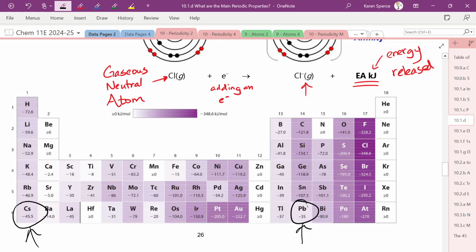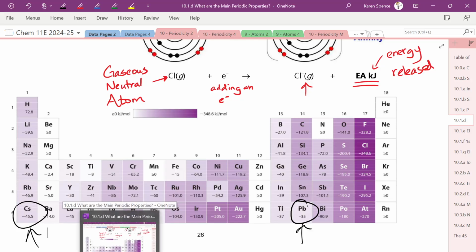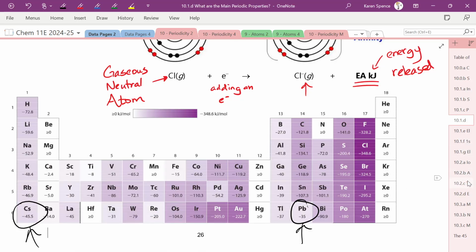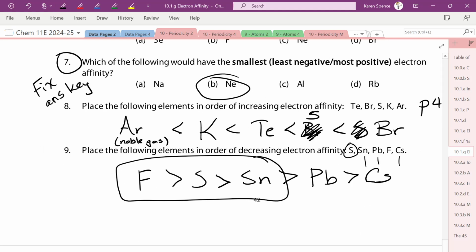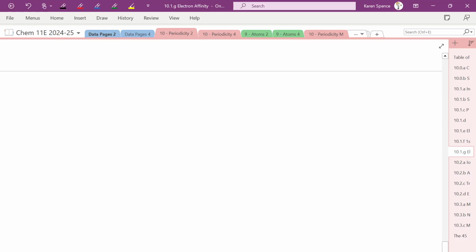Can I tell you how unimportant this is and you guys are wasting a lot of time on it? Are we okay with the important bits, which would be these first three? Are we okay that lead and cesium are going to be down in the bottom somewhere? Good, done. Close enough.